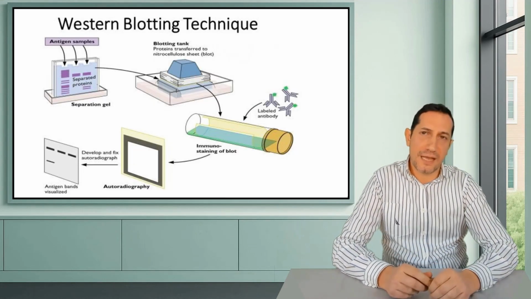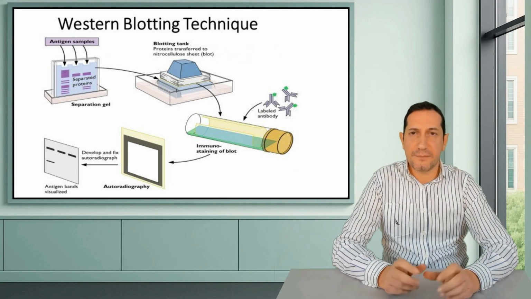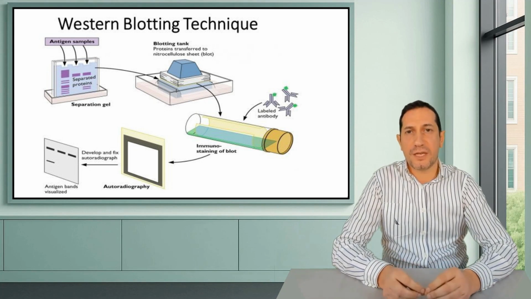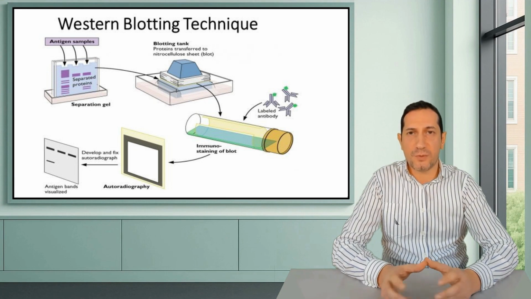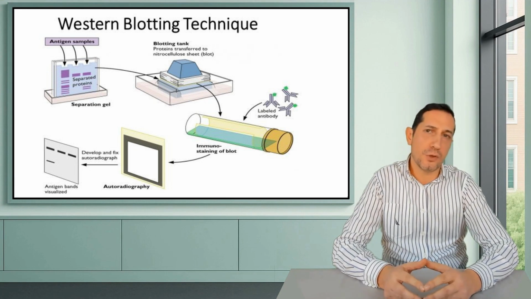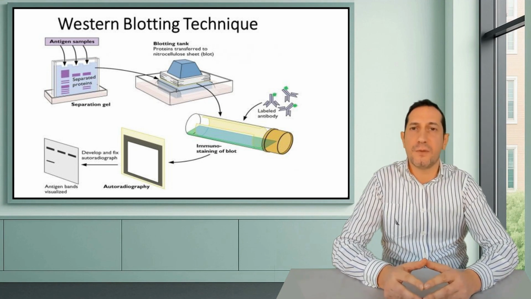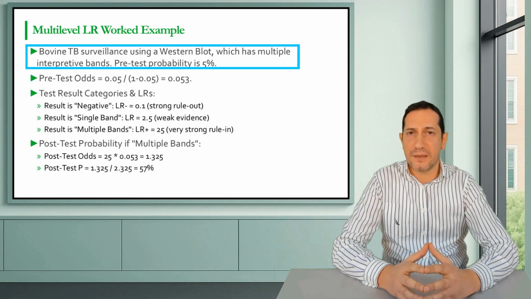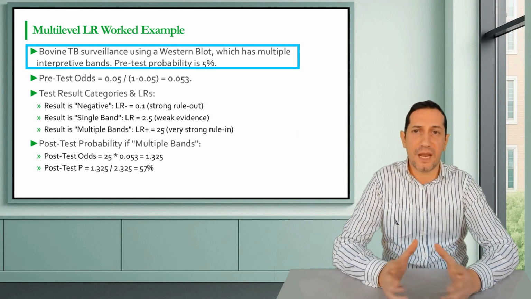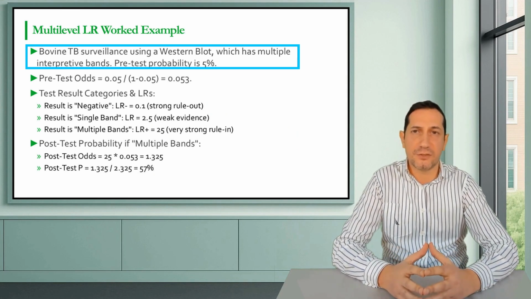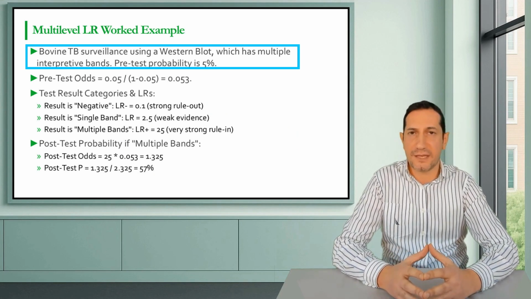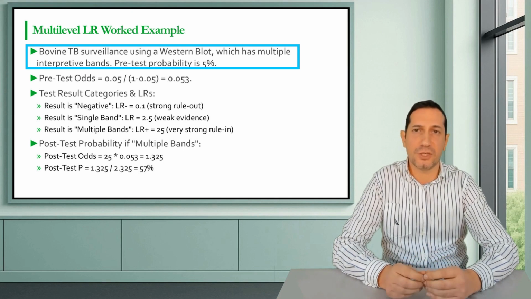Let's do a worked example with a more complex test. Imagine we are doing surveillance for bovine tuberculosis and we're using a Western blot as a confirmatory test. The pre-test probability for an animal is 5%. Our lab has defined 3 result categories and calculated a likelihood ratio for each.